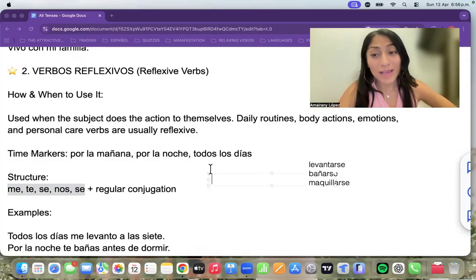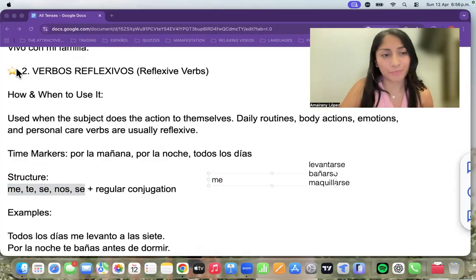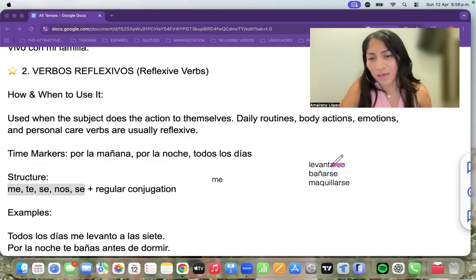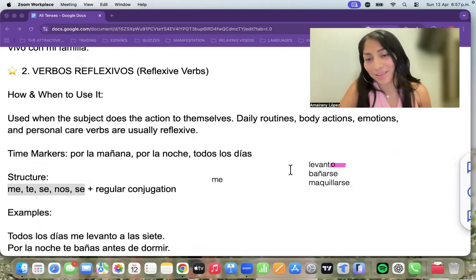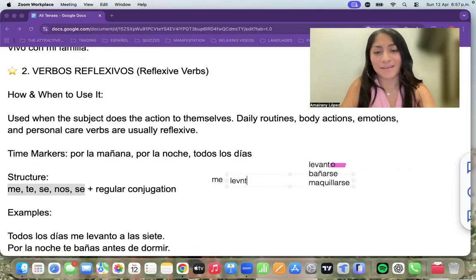So if you are waking yourself up, you would start with me and then with your regular conjugation, which is, if the verb is -ar, then you take out this whole ending and you just put an O like this, okay? So, levanto, okay? But since you're doing it to yourself, then me levanto. I wake myself up, okay?